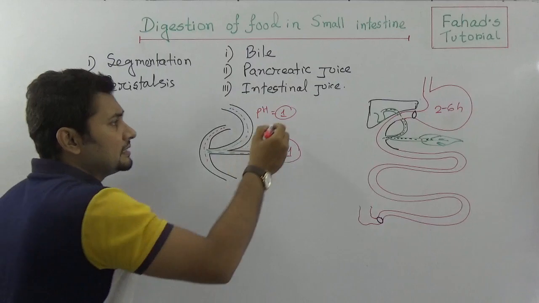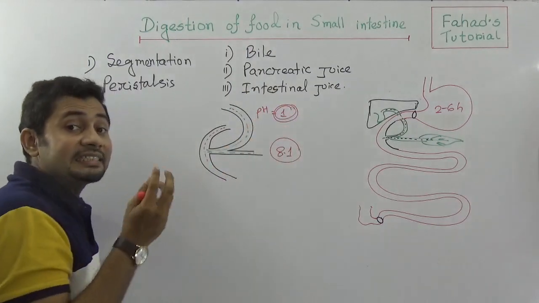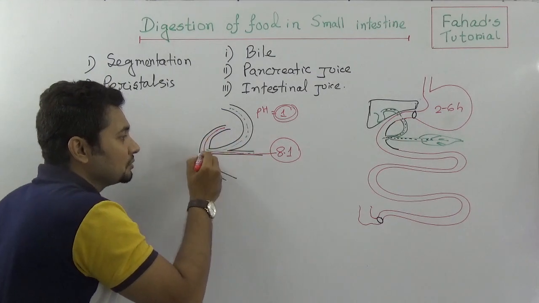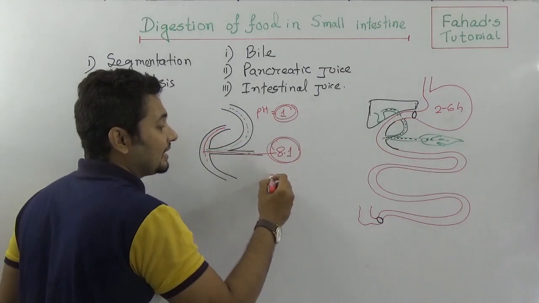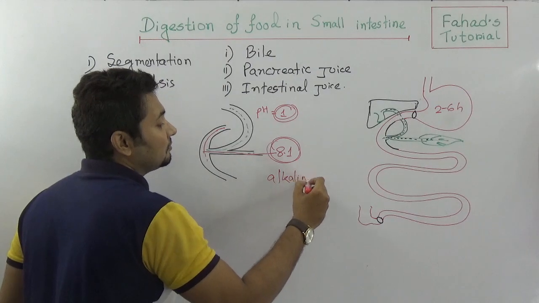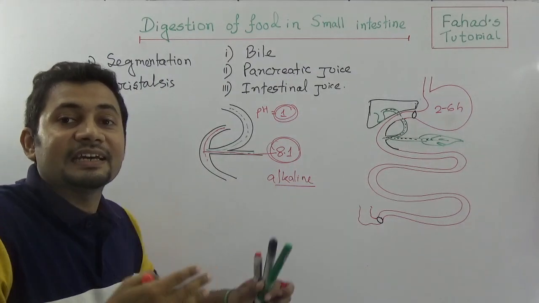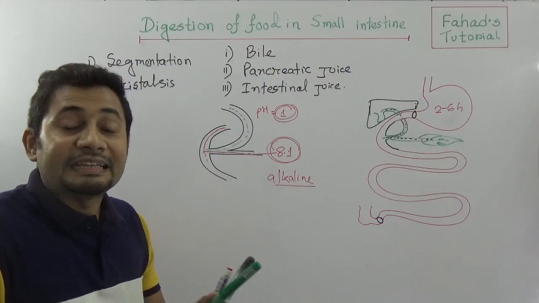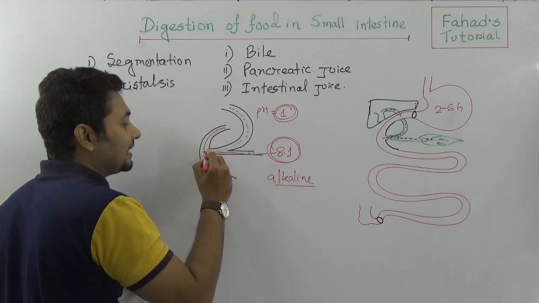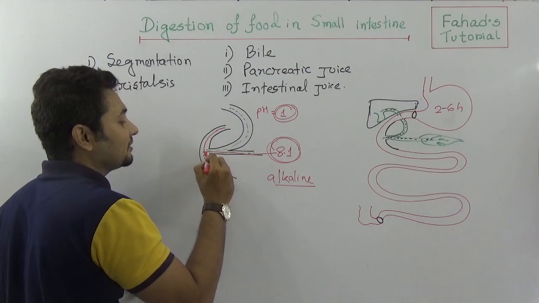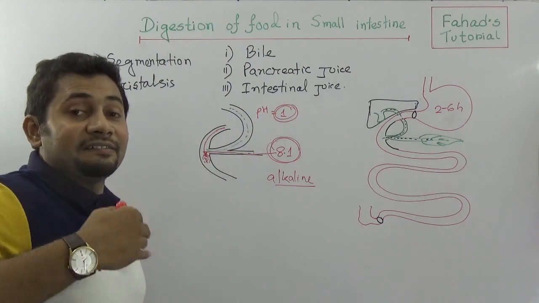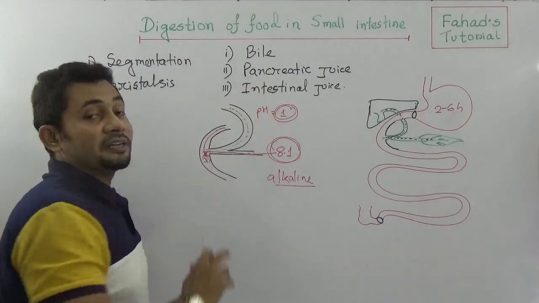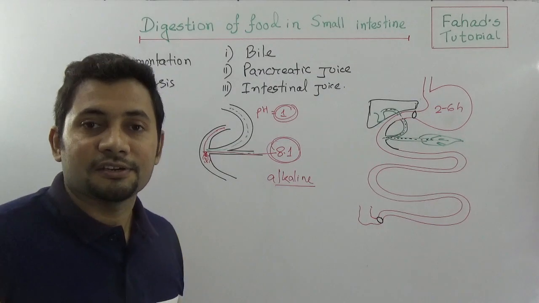Now think about this highly acidic solution, the chyme, mixing with pancreatic juice, which is highly alkaline. This mixture of acid and alkaline neutralizes the solution, and it stimulates the activity of intestinal juice and pancreatic juice in an alkaline environment.